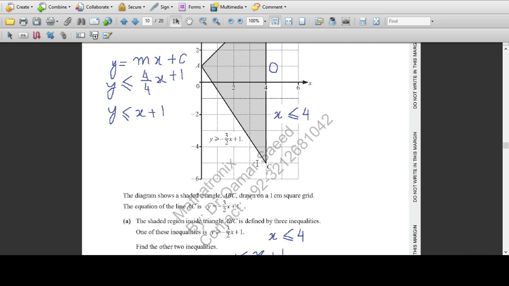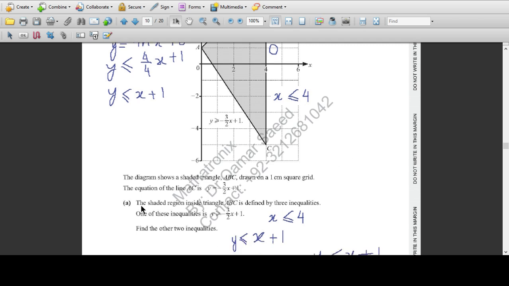This is the equation of this line AC, and the region is y is greater than or equal to minus 3 upon 2 x plus 1. So the region above this is y greater than or equal to, because this is a solid line, so this is greater than or equal to, that's why we have used this solid line. This solid line is also part of this shaded region.